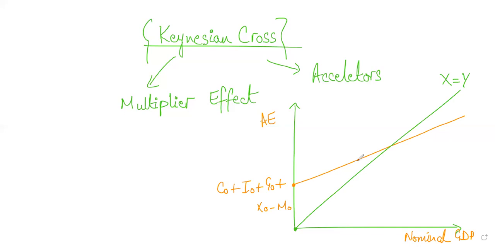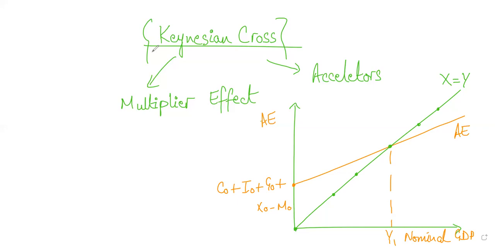So this green line, labeled x equals y, shows all possible points where the values of the two variables on the x and y axis are the same. Where it intersects with the aggregate expenditure line is where the equilibrium of an economy will be. You can see that the orange aggregate expenditure line intersects with the green line at this point. This will be your equilibrium level of GDP.